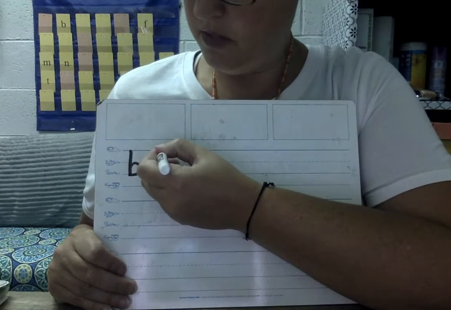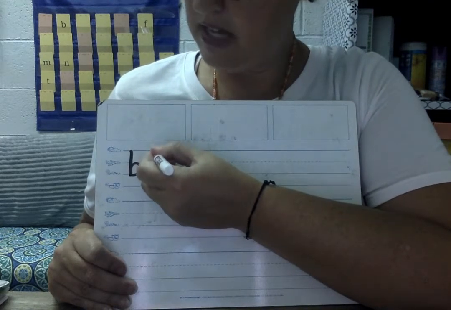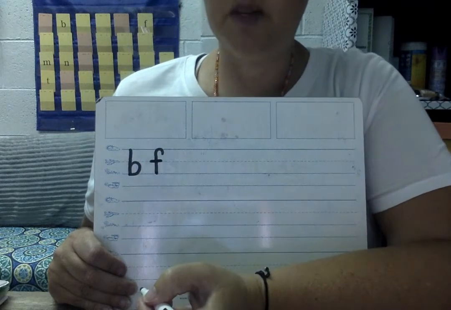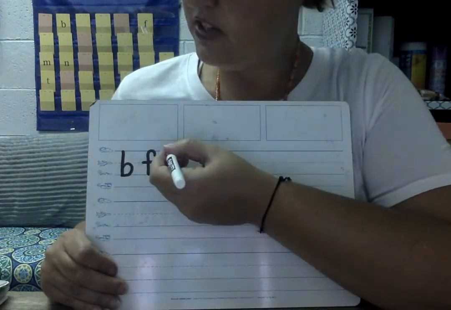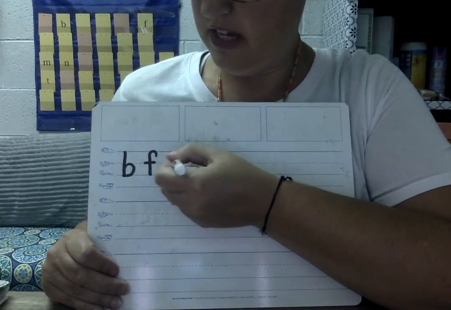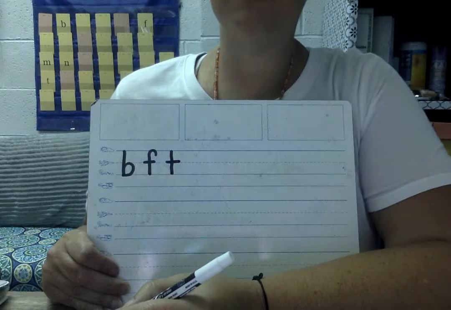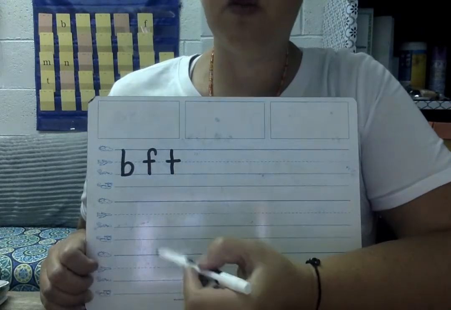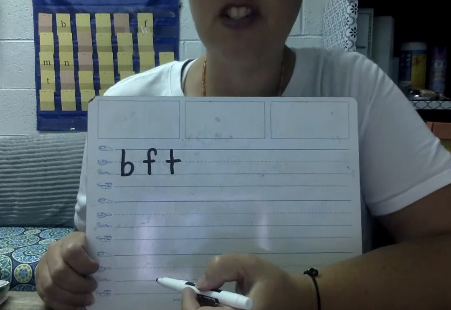Letter F, remember we hook up to the skyline, down to the grass line, cross over at the plain line. And letter T, we start up at the skyline, down to the grass line, and we cross over at the plain line.